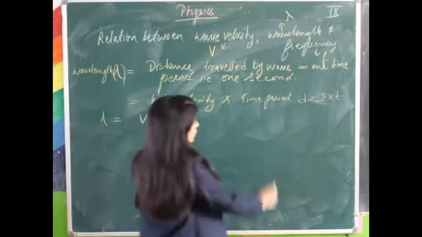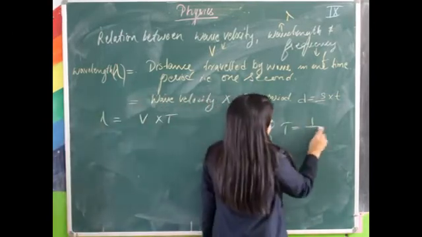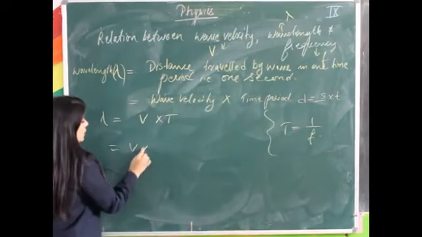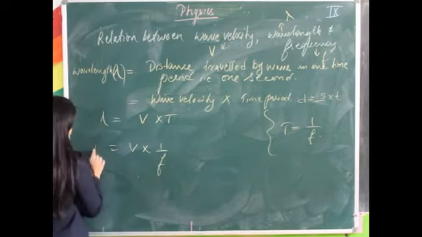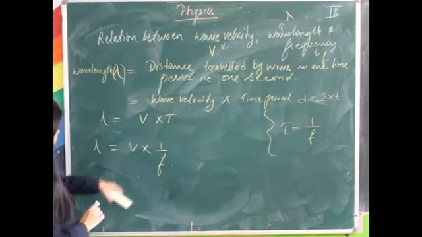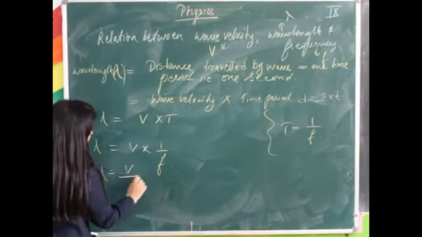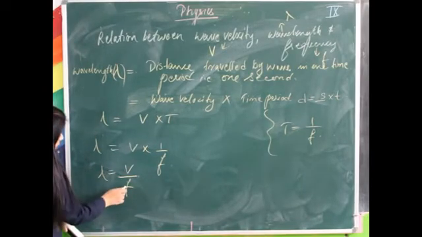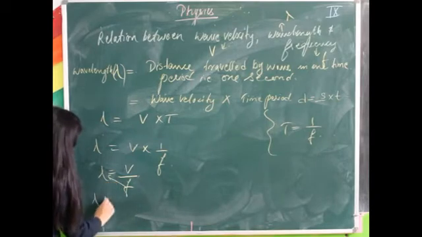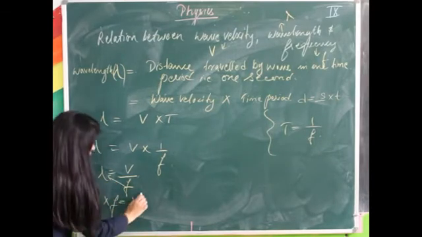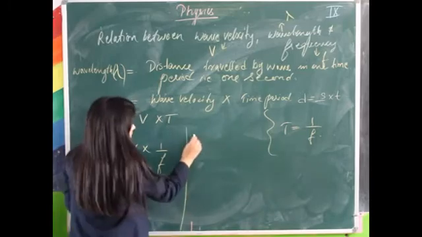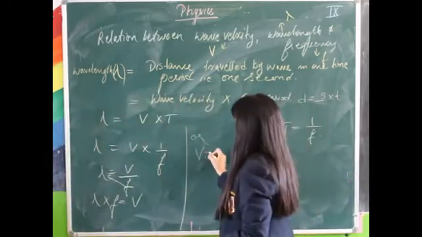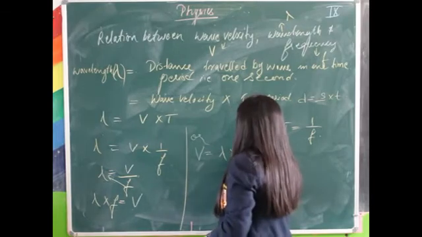Now, what I have told you is that time period is equal to 1 by f. So we are putting it over here, and lambda is equal to v by f. Simply we'll take this f this side, so lambda into f is equal to V, or interchanging the position, V is equal to lambda into f.